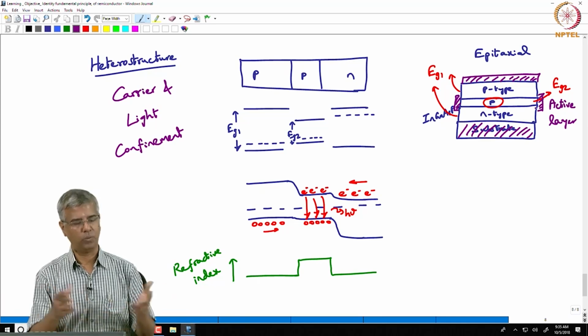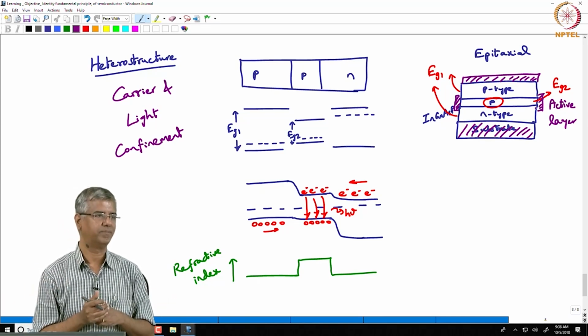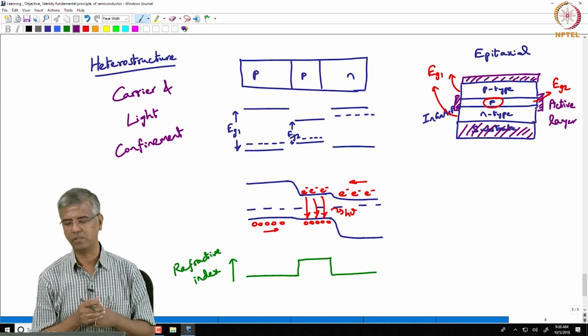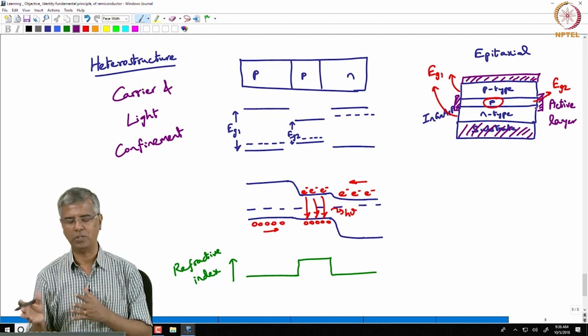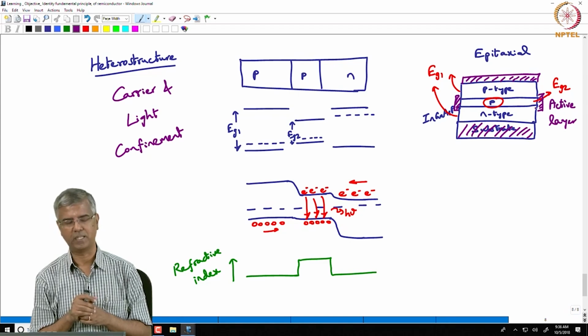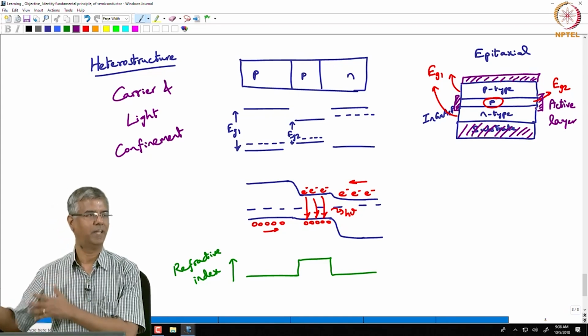So, with one of these you can get thousands of devices literally. One processing like this, you can get thousands of devices, and that's the beauty of doing this semiconductor processing. You don't have to do one cavity after another cavity.